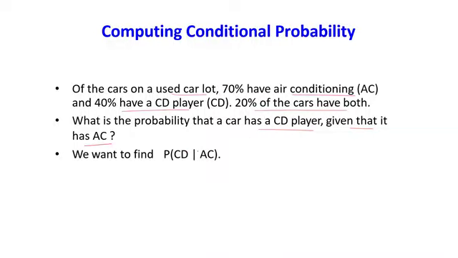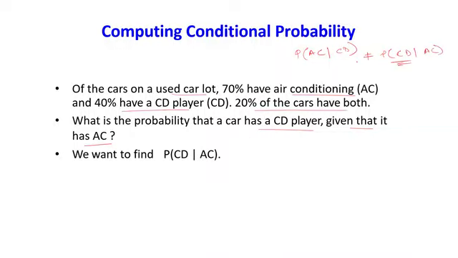And this sequence is important because I'll also talk about a use case where this sequencing plays a very important role. The probability of AC given the car has a CD player would not be equal to CD given AC.